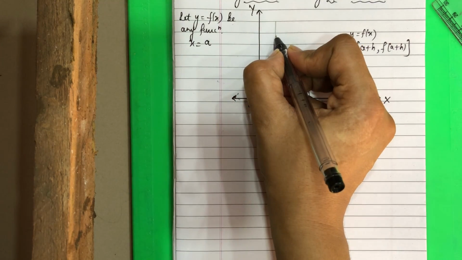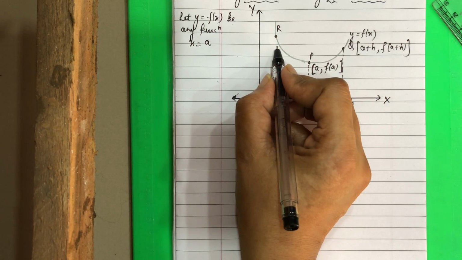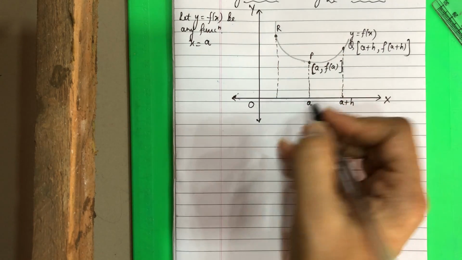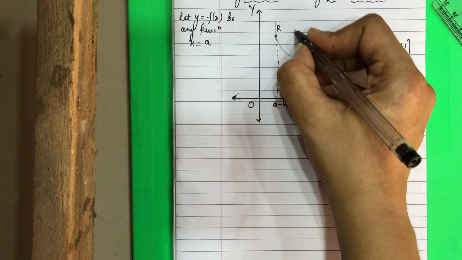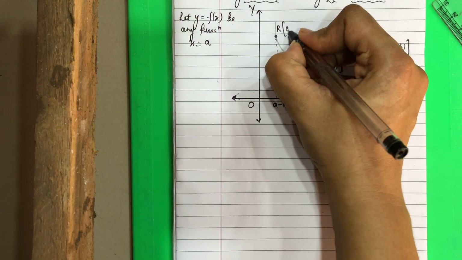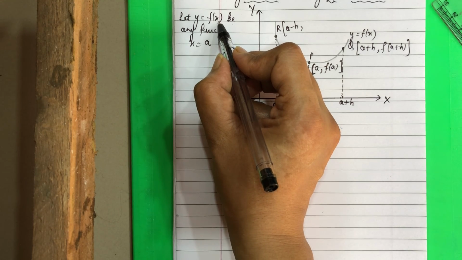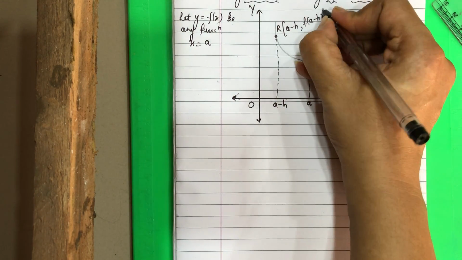Now consider a point R a little to the left of the point P, such that the x coordinate is a minus h. Substituting a minus h here, we get y as f(a minus h).